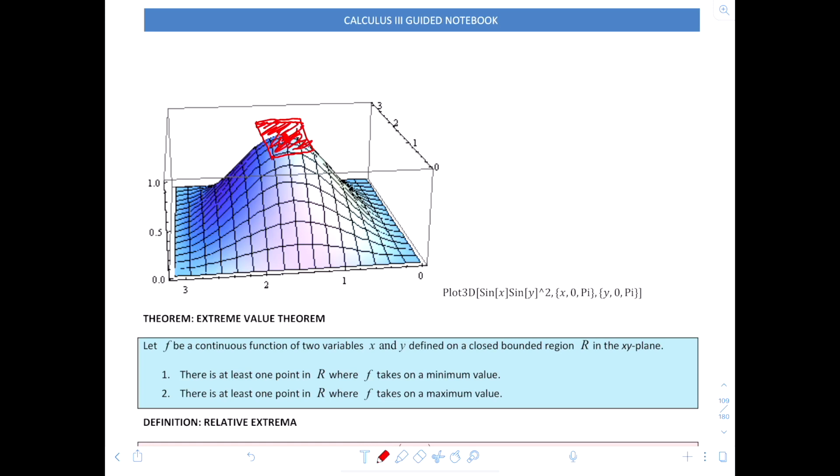So basically what we're looking for here are tangent planes.